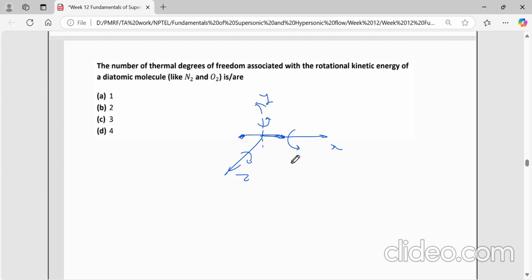x-axis, then its rotational kinetic energy will be very little, because all the mass is concentrated on this x-axis only. So that's why there will be only 2 degrees of freedom associated with the rotational kinetic energy.